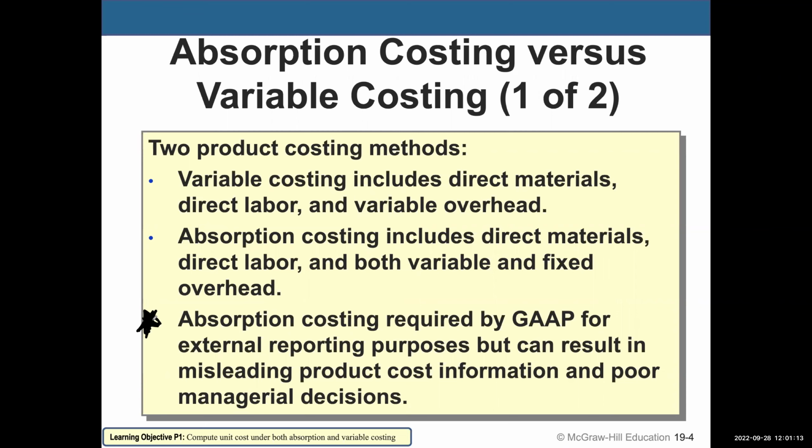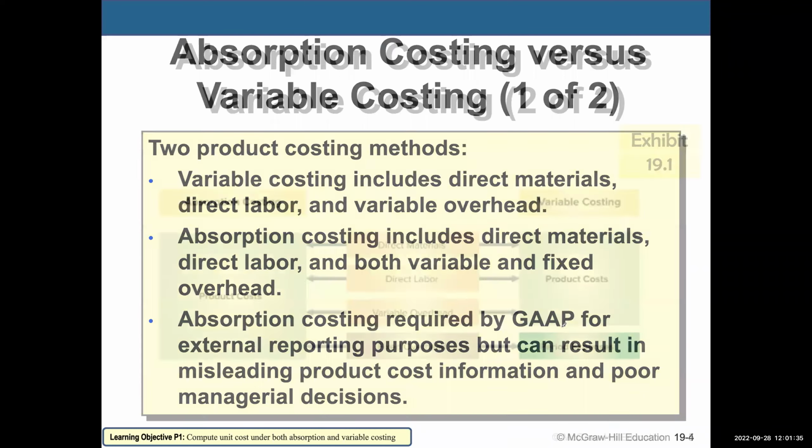But we learn about this first because absorption costing is what is required by GAAP or for external accounting purposes. So why bother with variable costing? It's because it can provide us with very useful information for internal business purposes and decision making. All right, so let's go on.